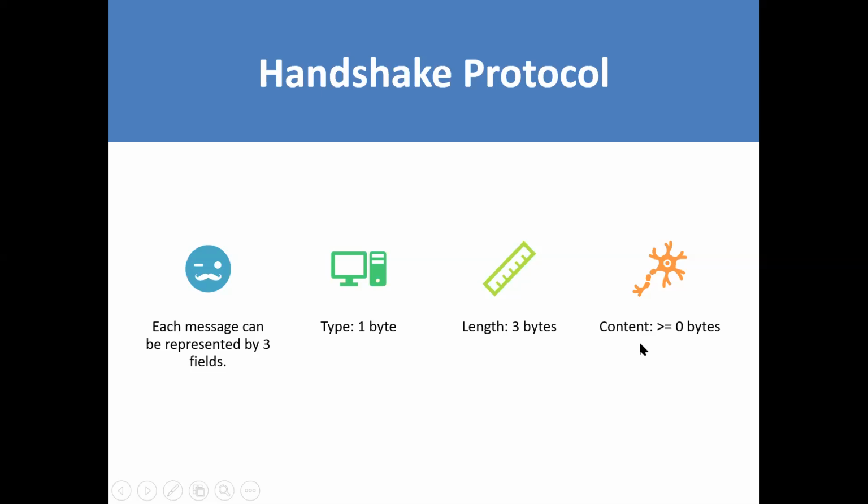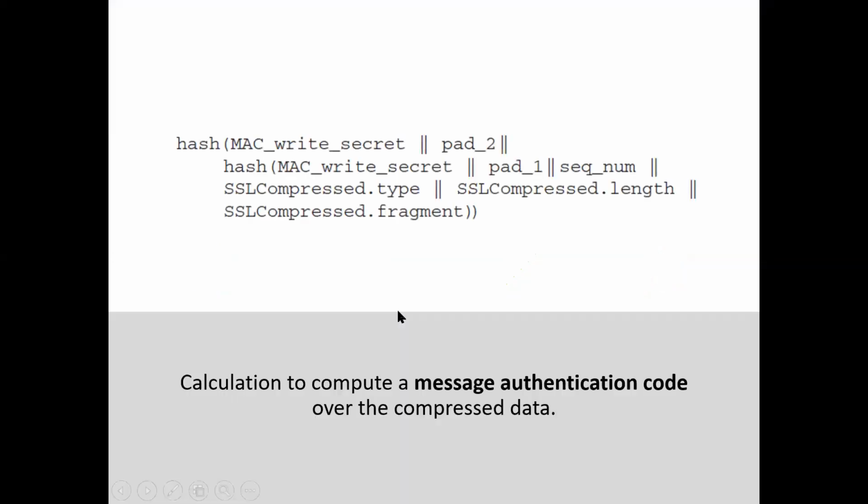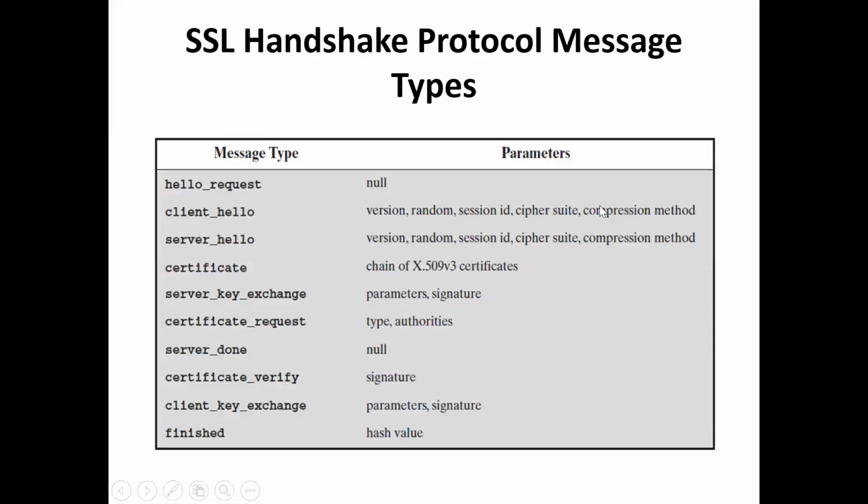Then content is greater than or equal to 0 bytes. With respect to content, what things are there? Any parameters associated with a particular message. What parameters are associated with this particular message? These are all the parameters associated with a particular message type.